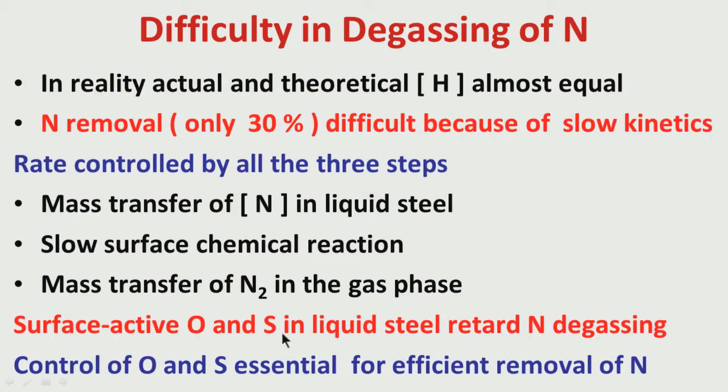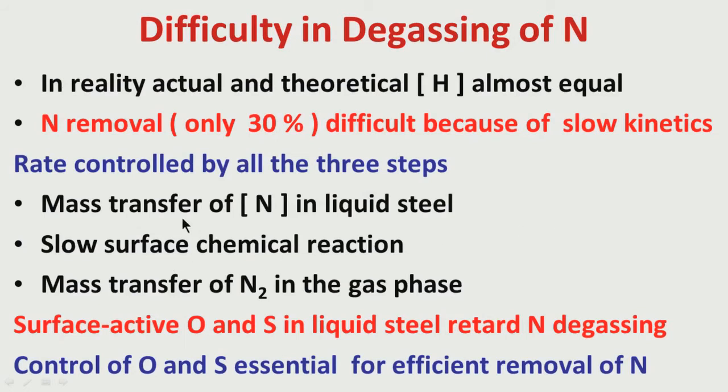Since oxygen and sulfur are very surface active, the possibility of oxygen and sulfur going to the interface is relatively large. So, in competition, oxygen and sulfur are successful, and nitrogen becomes a bit unsuccessful.